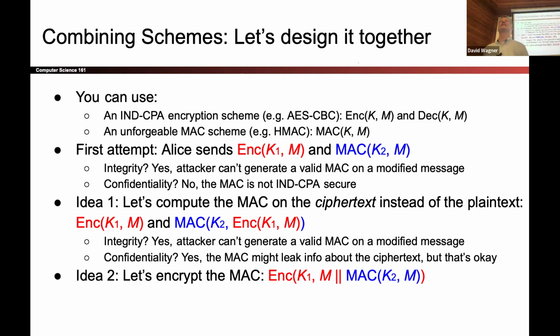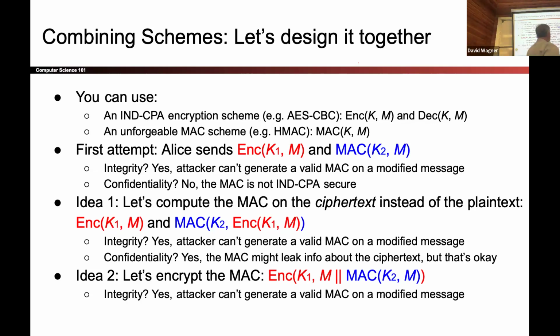Oh yeah, it does. Because after Bob decrypts, Bob gets a message and the message authentication code on it. Only Alice can generate proper values for this. So if Bob receives that, it must have come from Alice. So yes, it does provide integrity.